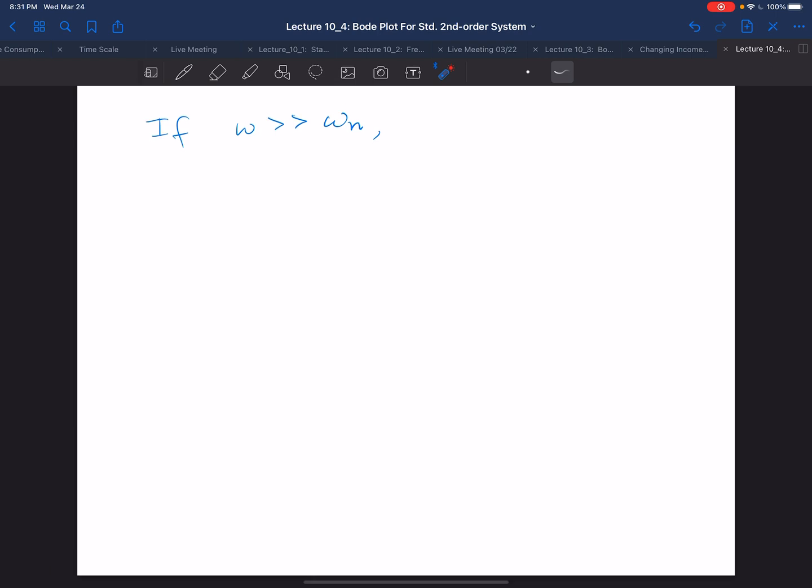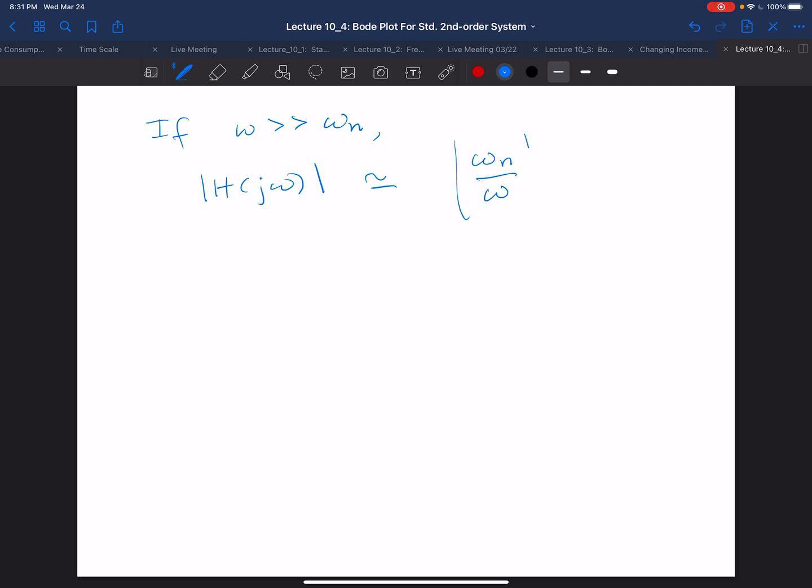And therefore, the whole modulus will just be (omega n over omega) squared. We're of course going to express that in decibels.